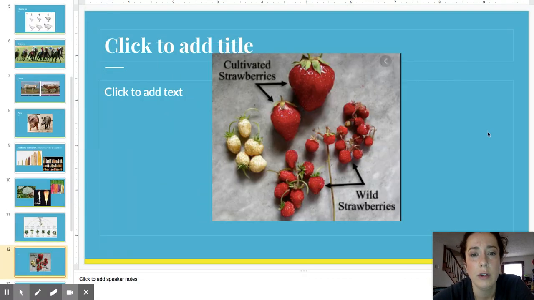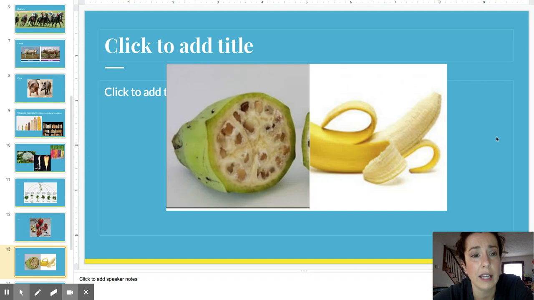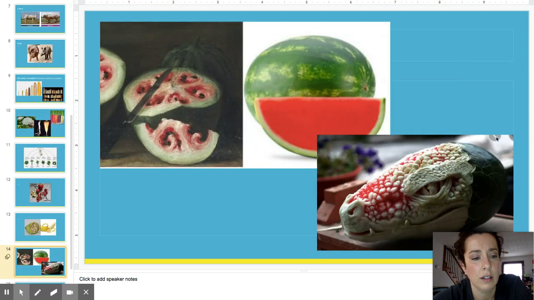Strawberries, over time, we have selected the bigger ones, which is kind of unfortunate because we've actually lost flavor in strawberries. As we've selected for the size, we've lost flavor. Bananas we've talked about. We've selected for the ones with the smaller seeds. We basically eliminated the seeds. Same with watermelon. This one's kind of cool.